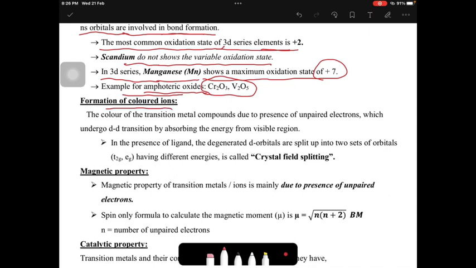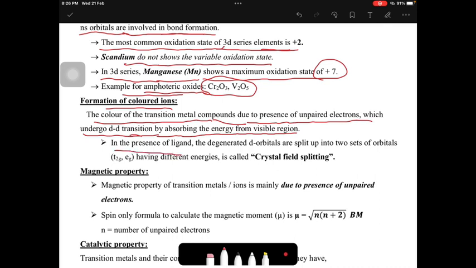Formation of colored ions. The color of transition metal compounds is due to the presence of unpaired electrons which undergo d-d transition by absorbing energy from the visible region.